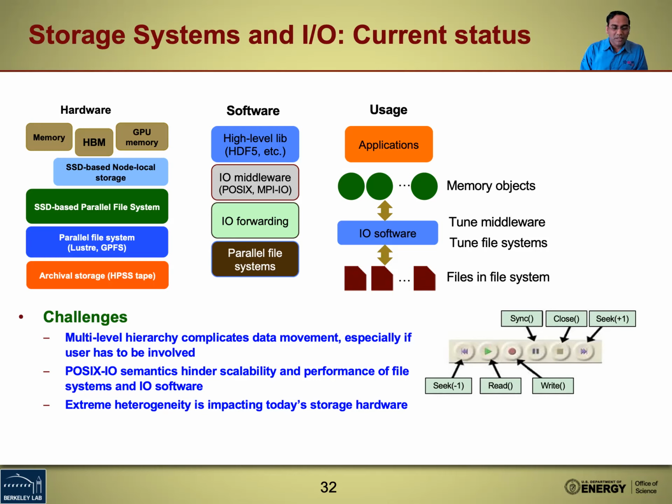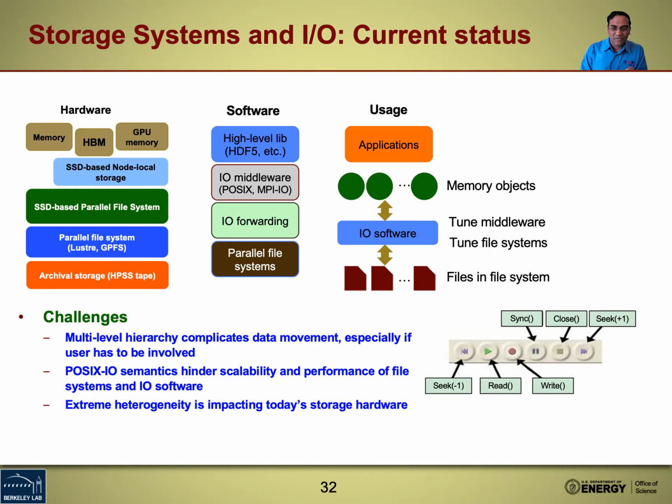And POSIX IO semantics hinder the scalability, because POSIX IO is more like the old tracks system where you track playing music. So you do seeks and then read or write, and then go back and sync.